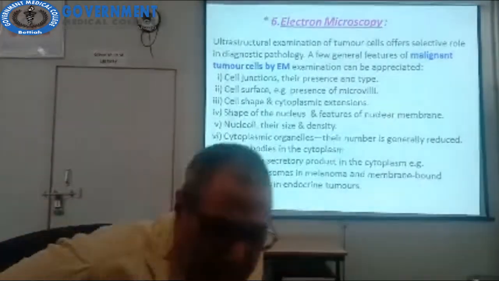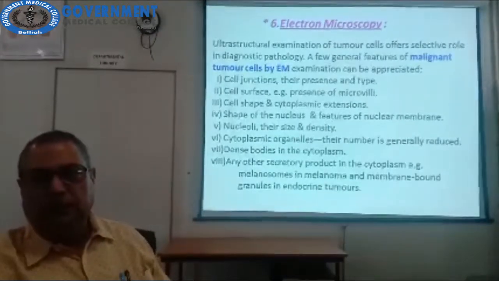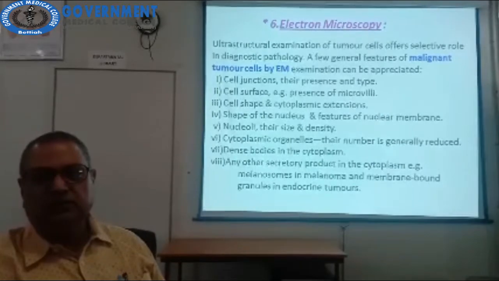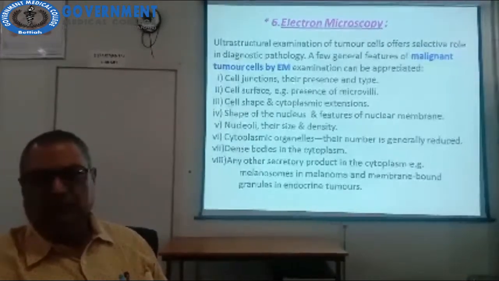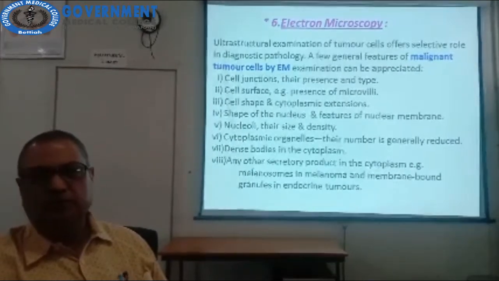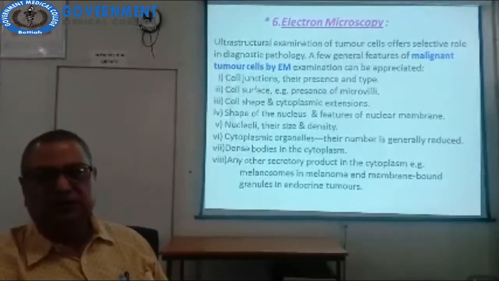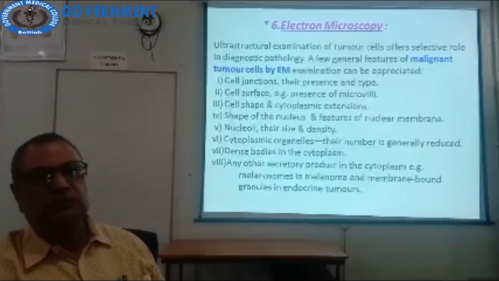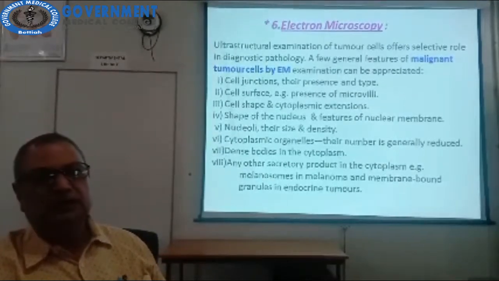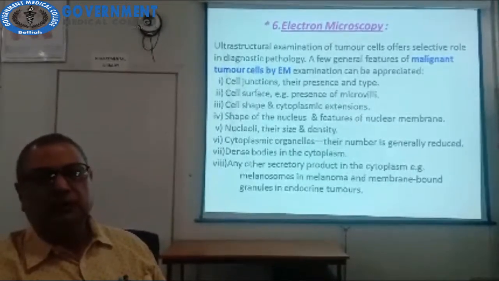Then ultrastructural examination of the tumor cells by electron microscopy. It plays a selective role in diagnostic pathology. General features of malignant tumors to be noticed by electron microscopy are cell junctions, their presence and type, cell surface, presence of microvilli, cell shape and cytoplasmic extension, shape of the nucleus, features of nuclear membrane, nucleoli, their size and density, and cytoplasmic organelles.